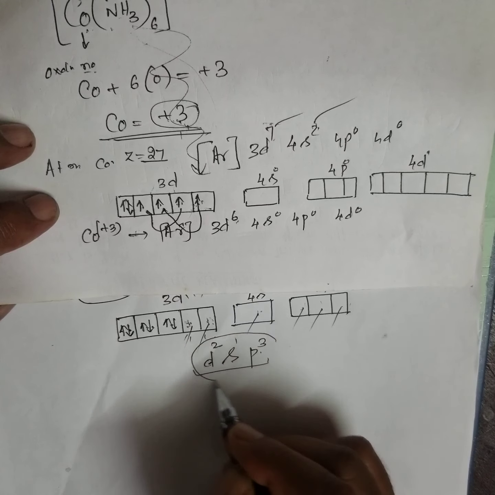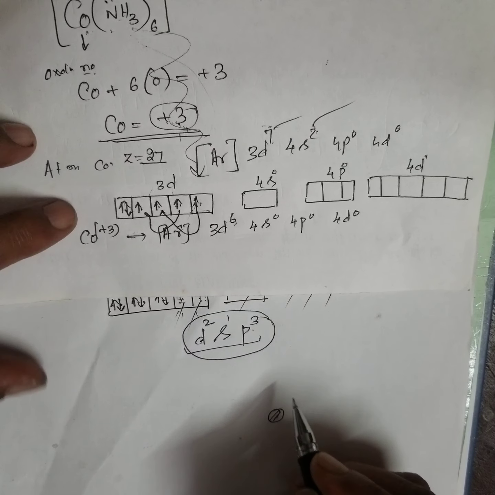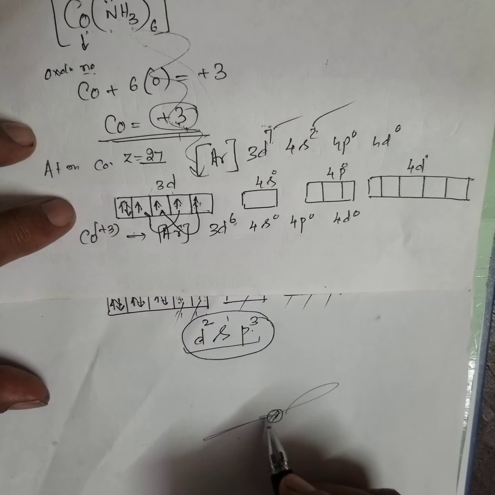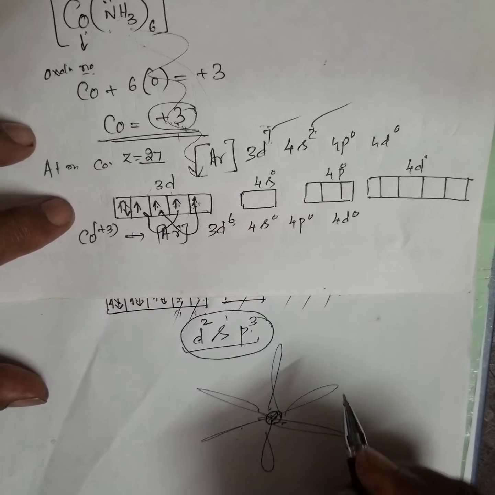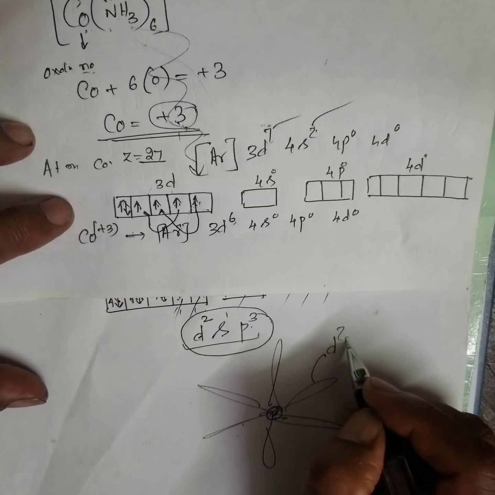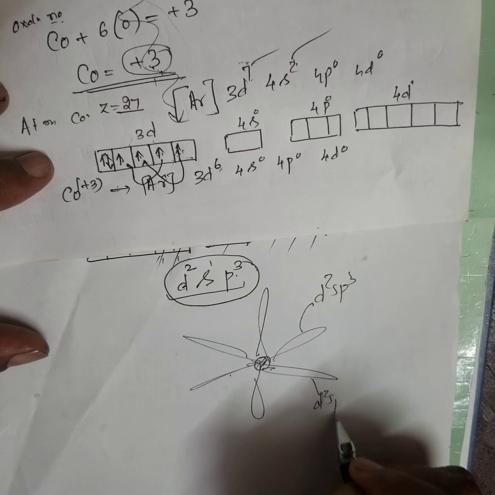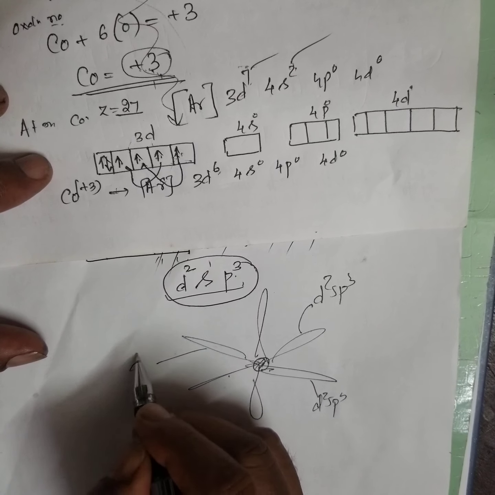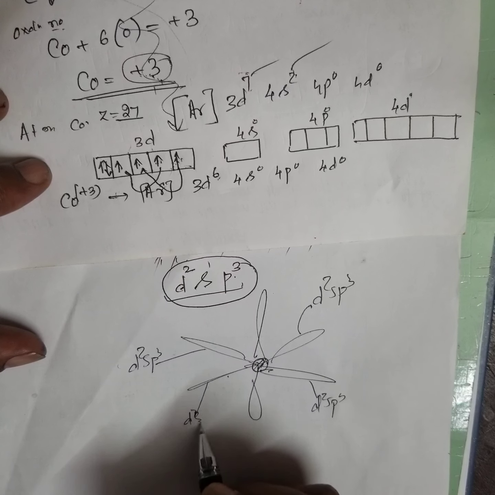And what type of orbitals? d2sp3 hybridized orbitals, right? Around cobalt, how many? 1, 2, 3, 4, 5, 6. Each one is d2sp3. This is a d2sp3 hybridized orbital.